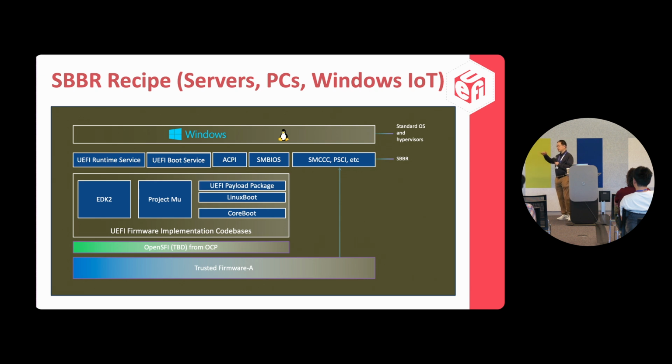But hopefully, after we dig through the exercises, this is the ideal case eventually, that I wouldn't care how you do the SBBR. You can do EDK2, you can do Mu, you can do Linux boot, or however, but as long as they present the interfaces on top, we're fine.